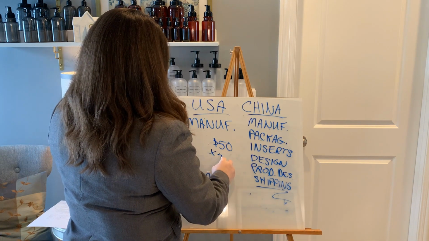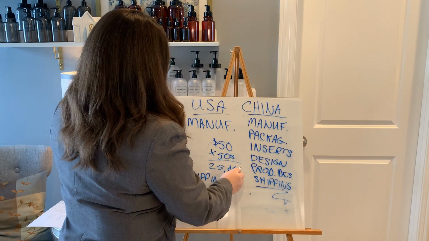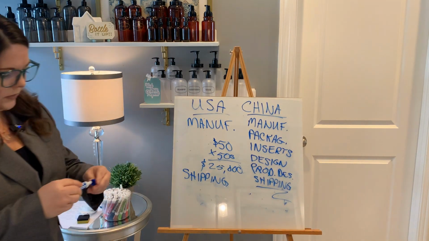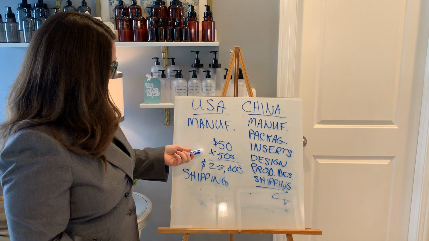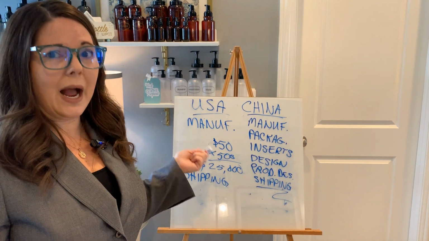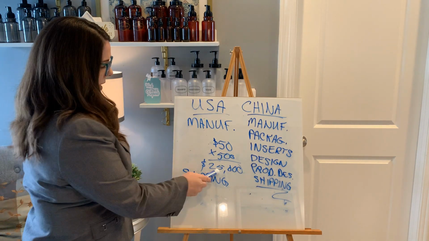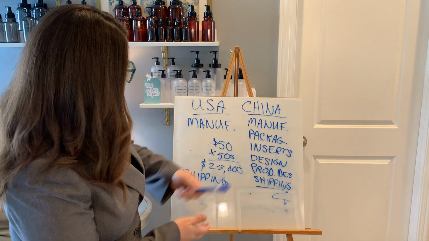Times 500, that's $25,000, just to ship it one place for 10,000 units. Don't forget, I probably can't buy just 10,000 units, but this is going under the assumption that I could. It would cost me $25,000 just to ship it to these guys.